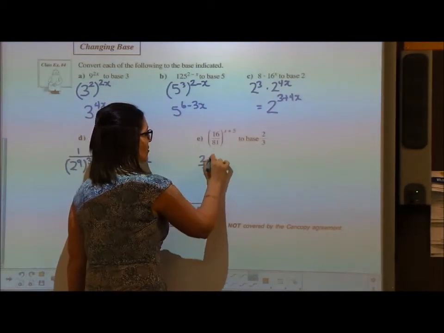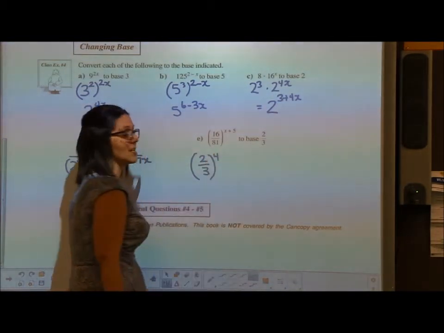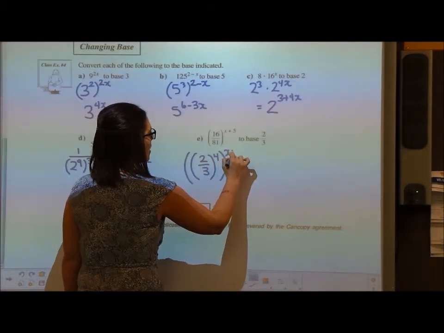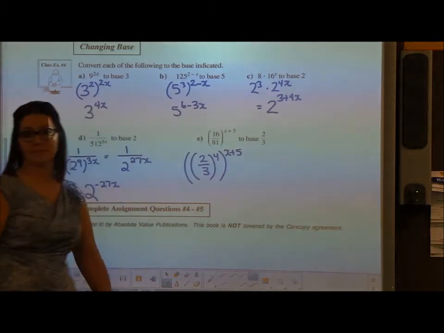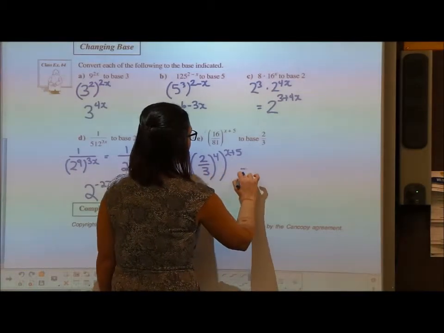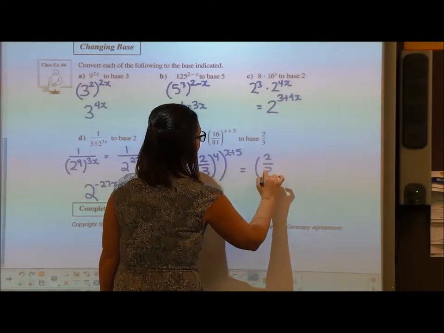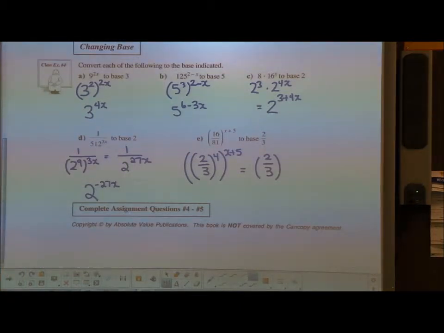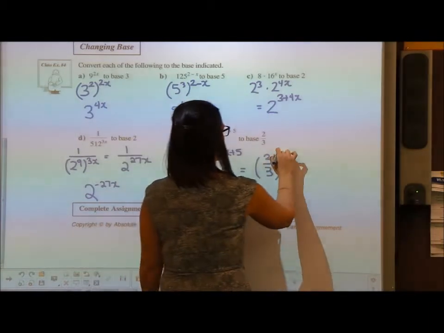Yes. So this becomes 2/3 to the power of 4 to the power of x plus 5. So then this would become 2/3 to the power of what? 4x plus 20.